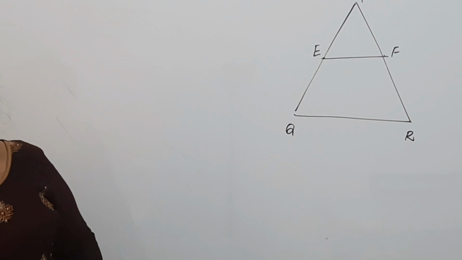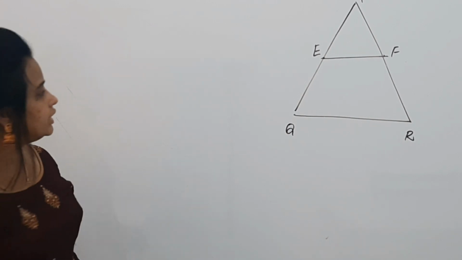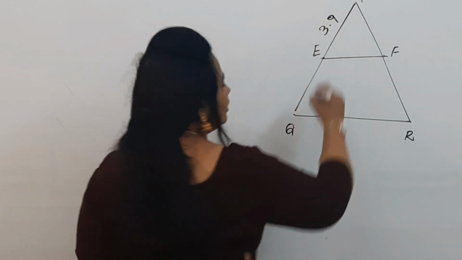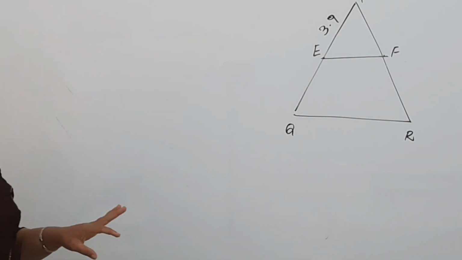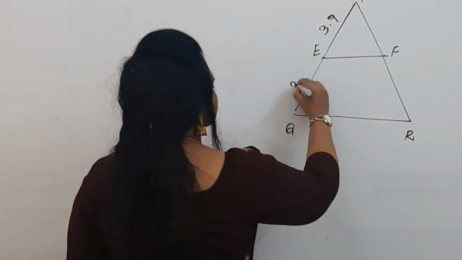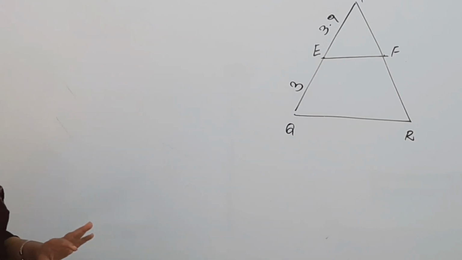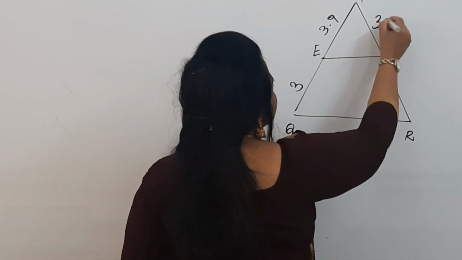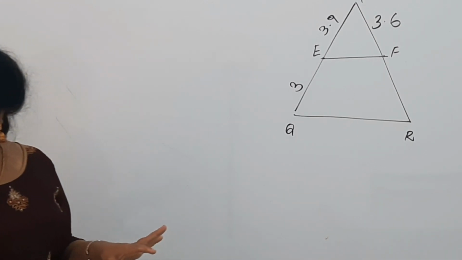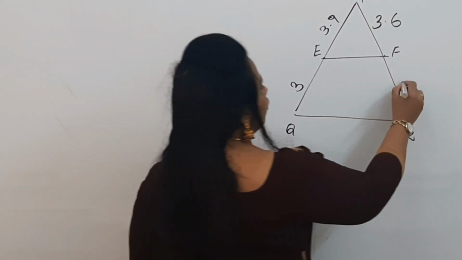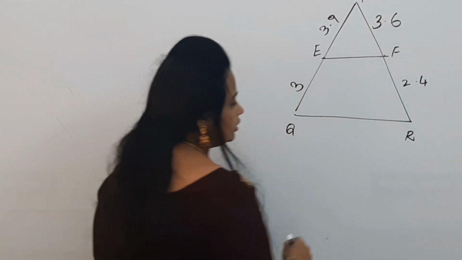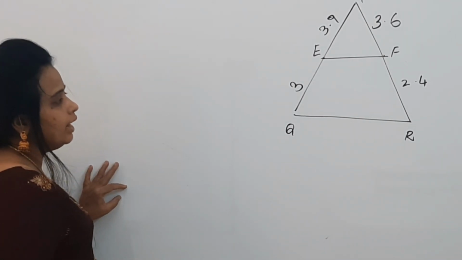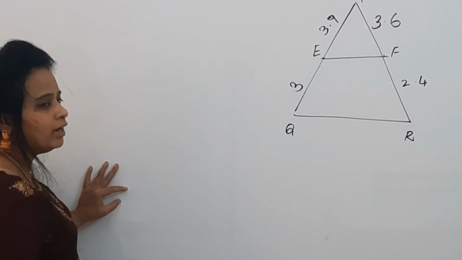So first value is given, PE is 3.9 and EQ is given 3. PF is given 3.6 and FR is given 2.4. So all are centimeters, but I am not writing centimeters. Hope you will understand. So I have to check whether EF is parallel to QR.